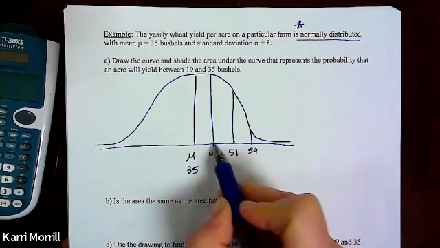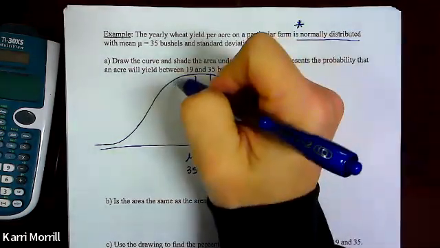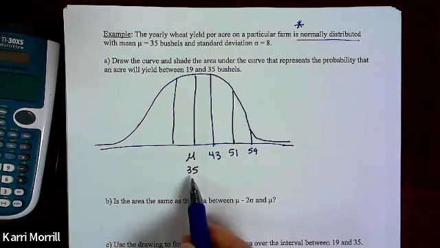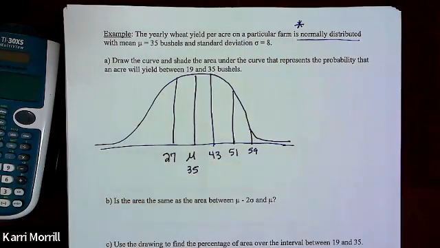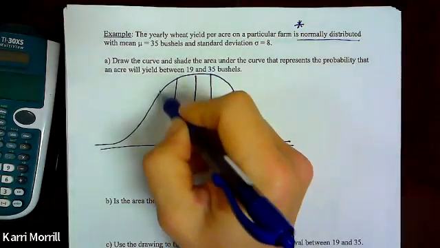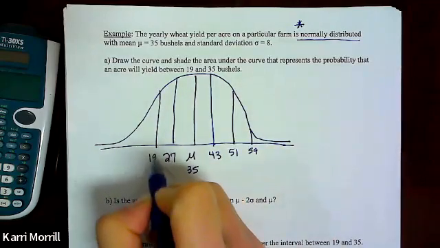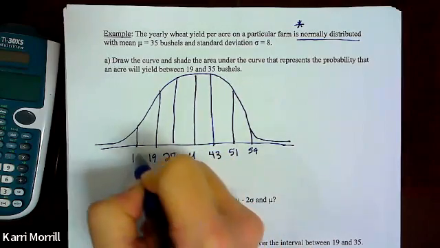So remember, this would be 1 standard deviation, 2, and 3. And so then right here, we're going to subtract 8 from 35. So we get the number 27. Subtract 8 from 27, we get 19, and then subtract 8 from 19, we get 11.